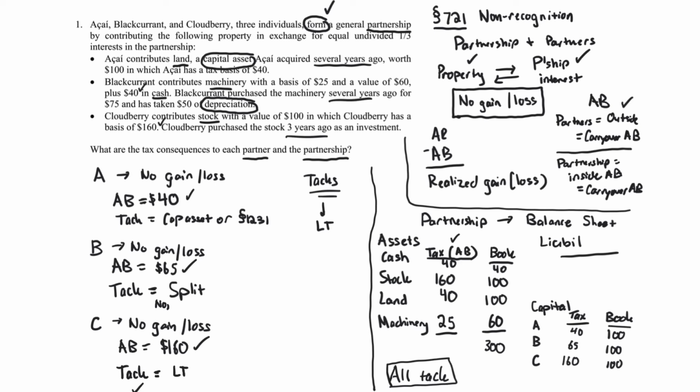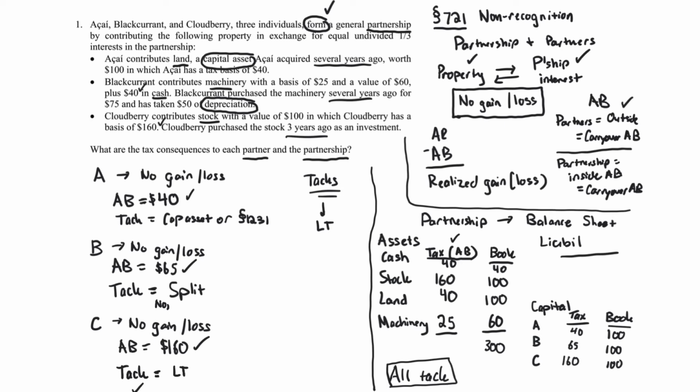Other issues to consider in this problem. With respect to the machinery, it has a 1245 recapture issue. If B was to sell the machinery, not all of it would be 1231. There's also some depreciation recapture to consider. So the question becomes, does that trigger any gain? The answer is no, it doesn't.